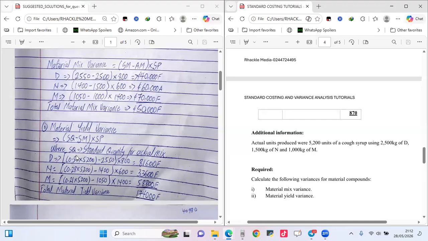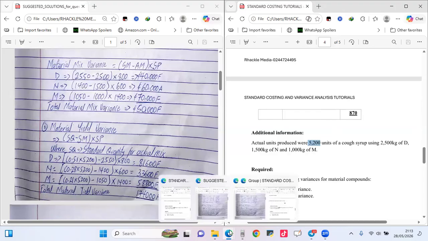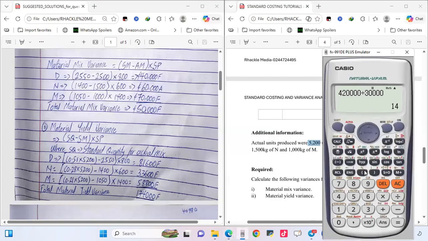So that's what we are seeing here, 0.51 times the 5,200 that was produced, right? Then we subtract the standard mix from it. We multiply by the standard rate. So with this one, we are going to get 81,600, right? 81,600. So 0.51 times 5,200.